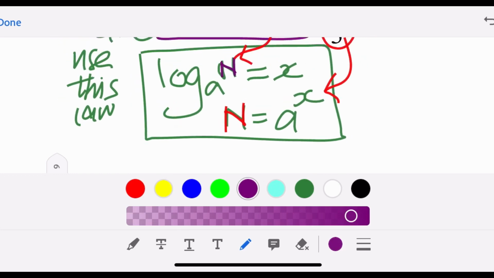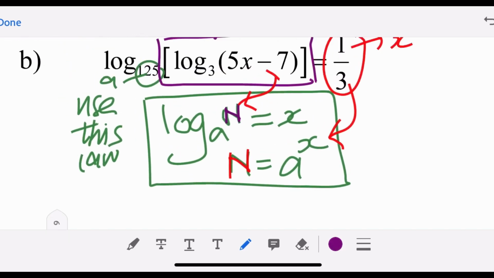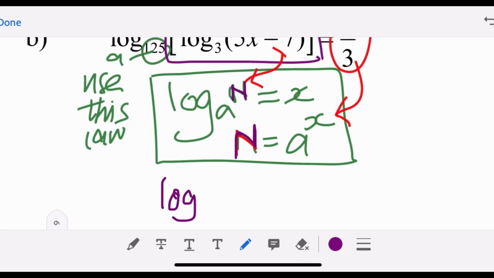And the power is 1/3. So now let's apply the law of logarithm.